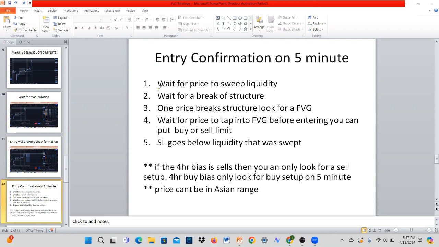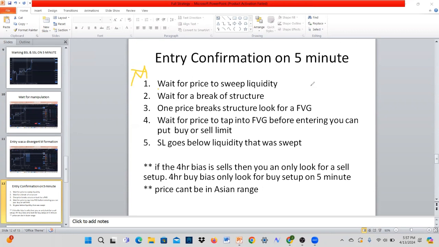So if you're looking for a sell, you want to first make sure price sweeps the buy side liquidity, so that it's extra confirmation that the price is going to sell, right? Because we know if it manipulates at the liquidity, it's normally a reversal.